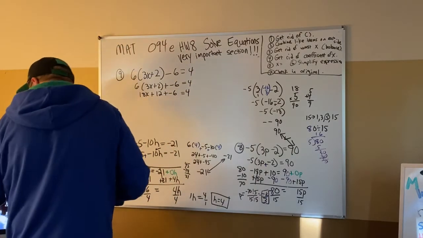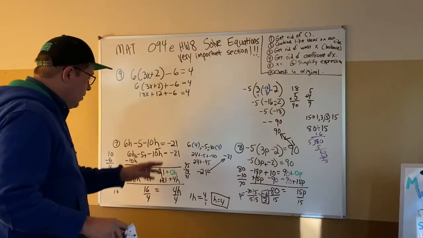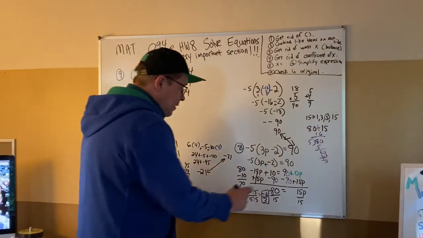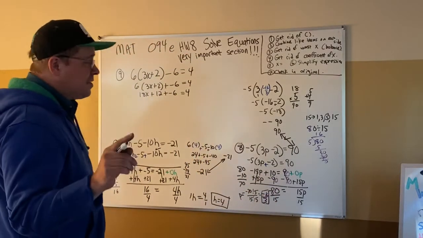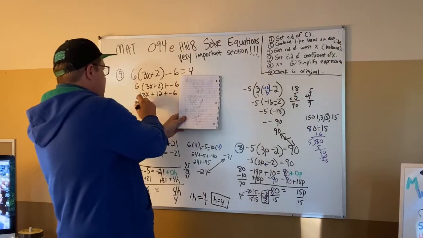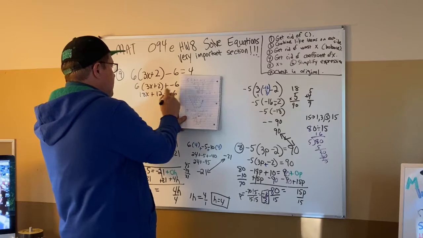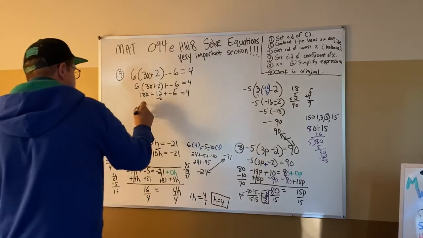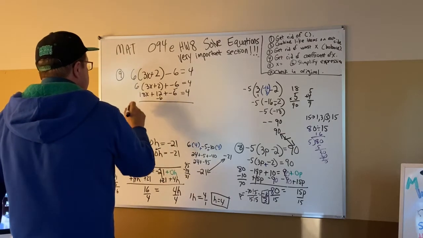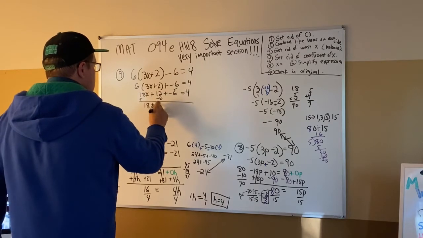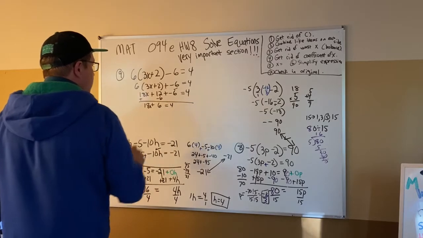Now this is where we have to make sure, and this is a step, because people like to do the crossing out of these opposites and all that kind of thing, that they get too excited about that. We don't do that until after we've combined like terms. 18x plus 12 plus negative 6. Negative 6 is a number like the 12. That's just 4, so it gets to stay that way. This is 18x unchanged plus 12 minus 6, which is going to get me 6, and that equals 4.